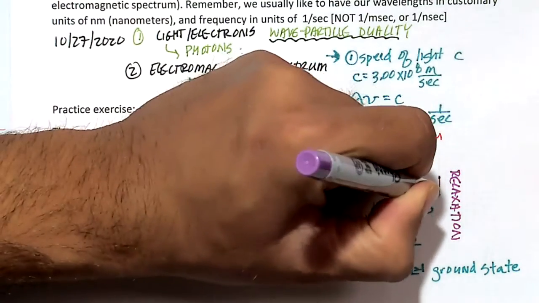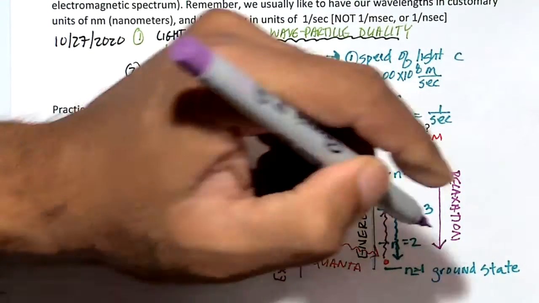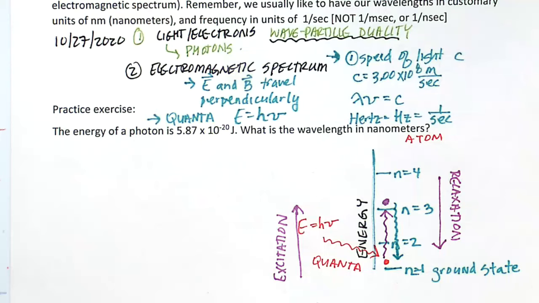It's going to relax back down to the ground state, but something happens when it relaxes back down. Anybody want to guess what happens? As it relaxes back down, it emits. So there's excitation, and then there is emission.